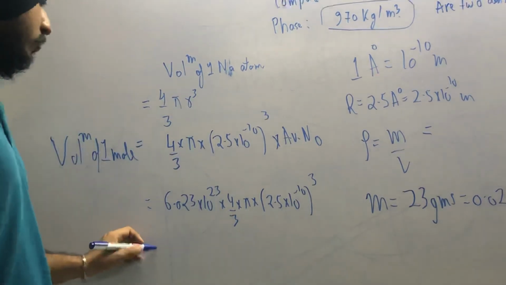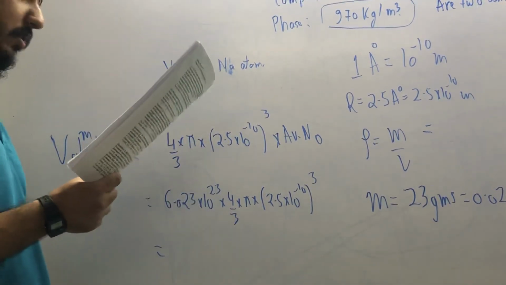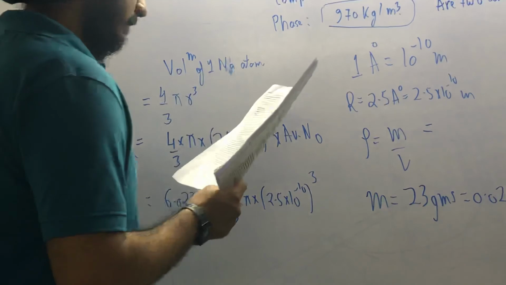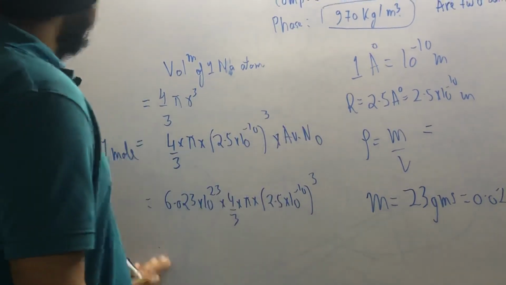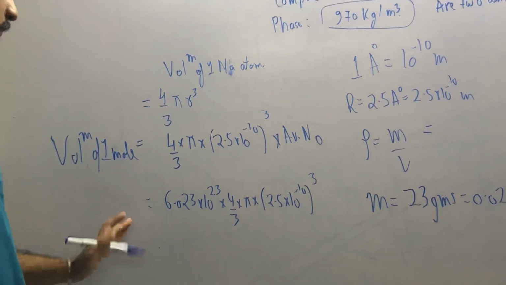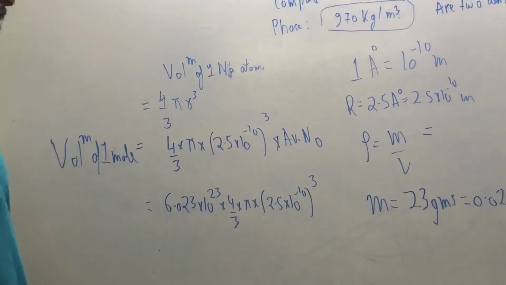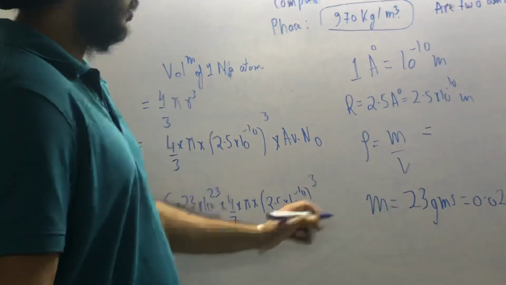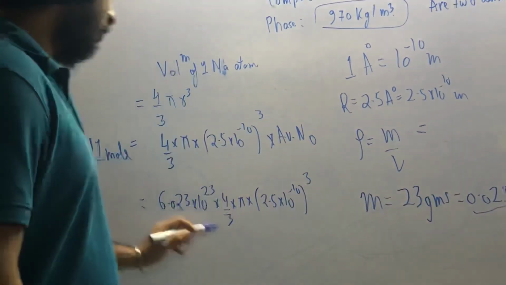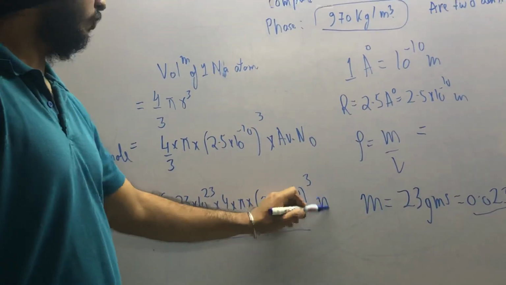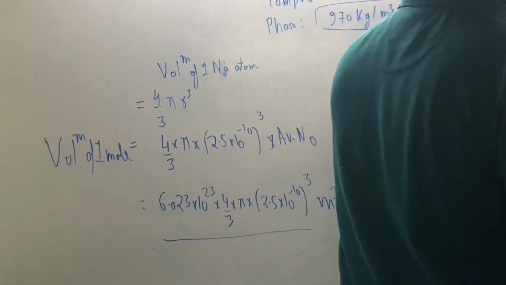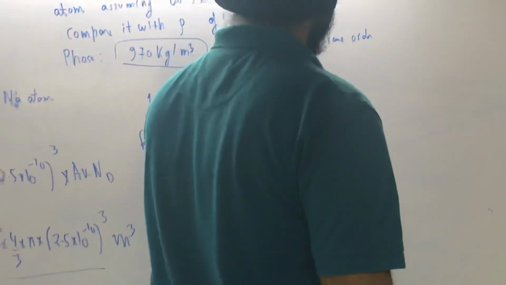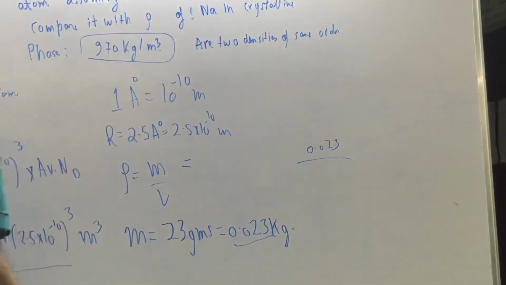Okay, this value comes out to be approximately this, which is the volume of 1 mole of this sodium atom. Okay, to find the density, just divide mass upon volume. This volume is in meter cube. Okay, so this is 0.023 divided by this term, whatever this is, 10 to the power minus 6.